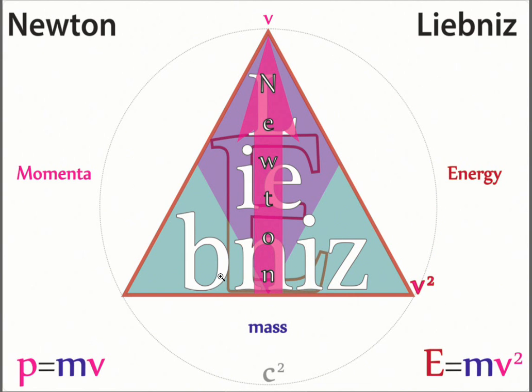Newton, of course, described all the changes of acceleration as changes of linear momenta per unit of time, or mass velocity per time. Leibniz, on the other hand, described it in terms of the scalar energy momenta. Newton: p equals mv. Leibniz: E equals mv squared.